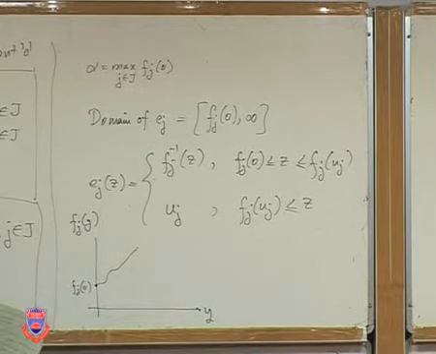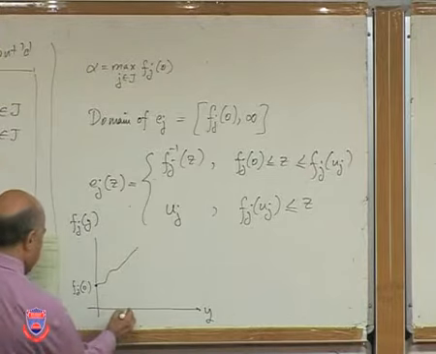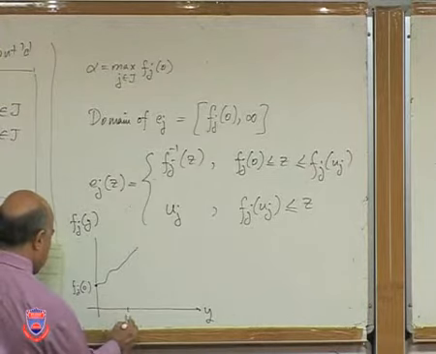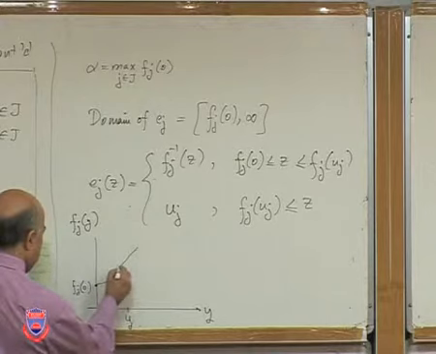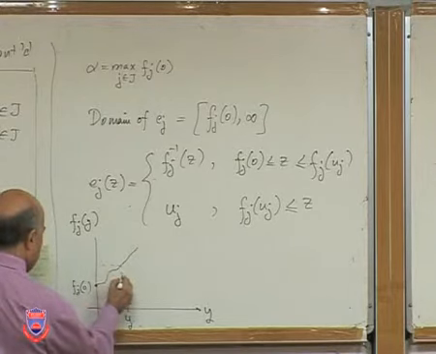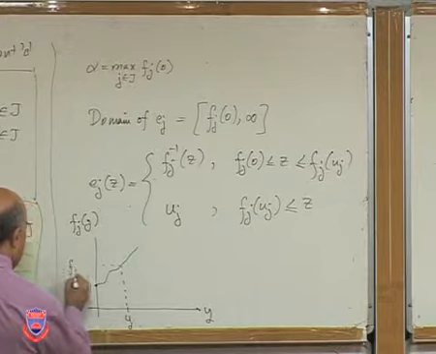It goes in some monotonic increasing fashion. And at a particular value uj, you hit the value fj of uj.